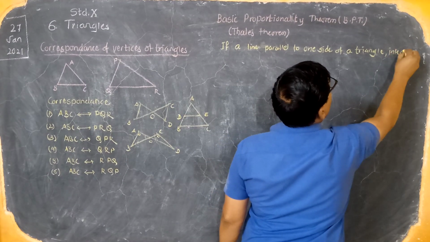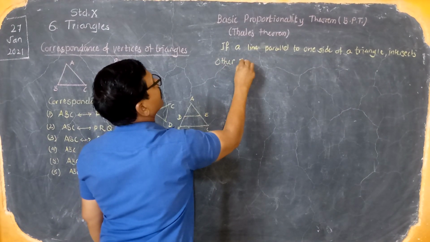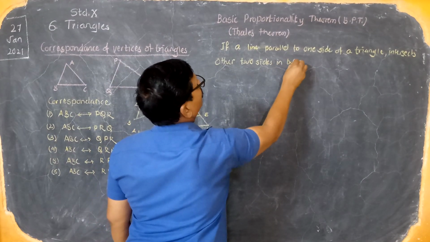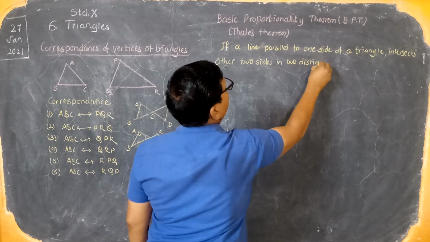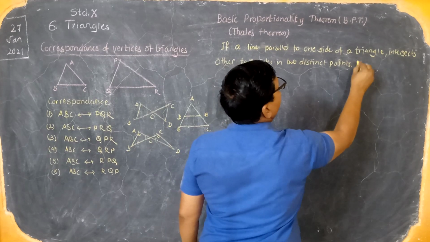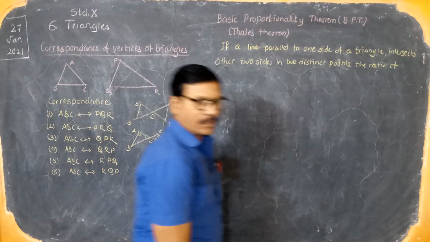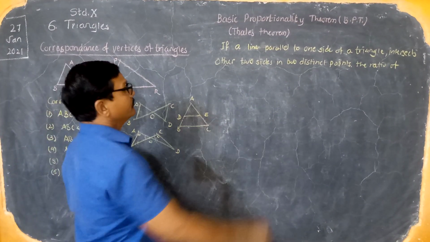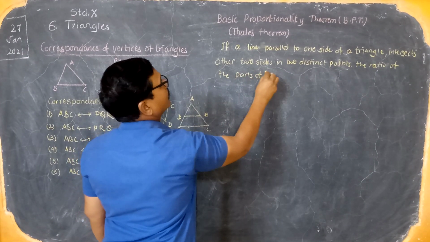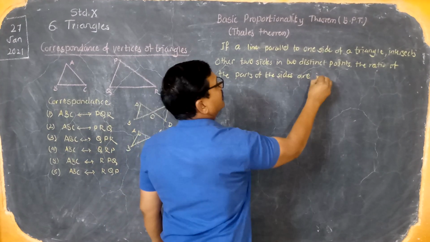intersects the other two sides, the ratio of the parts of the sides are in proportion.